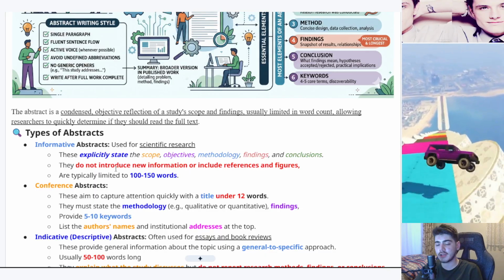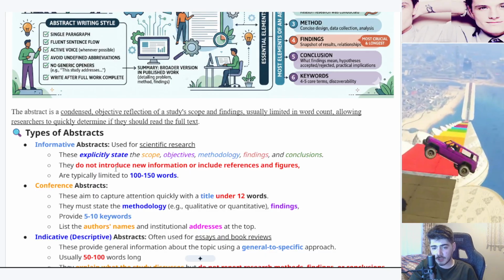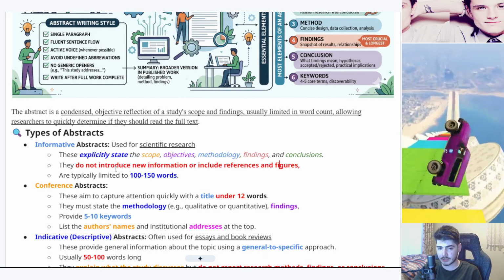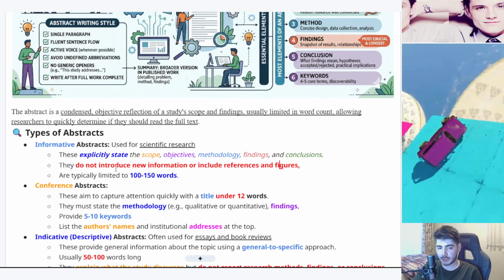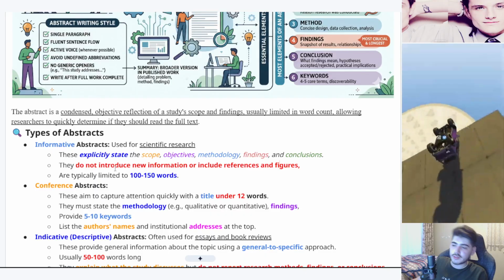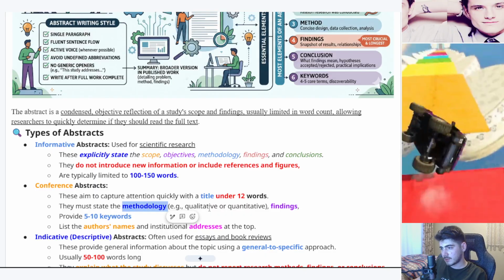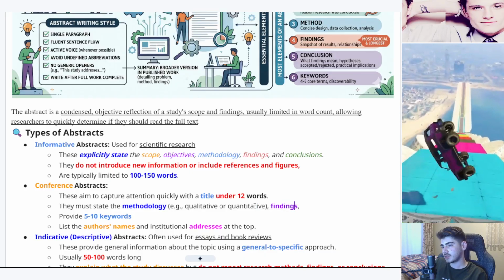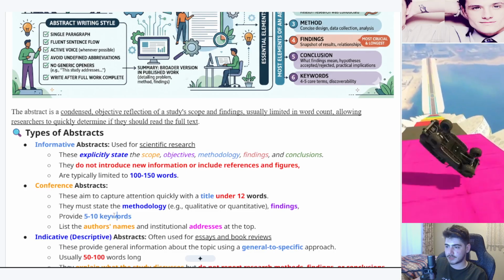Think of it like this. If something is convenient for the conference people, then they are more likely to actually evaluate your work. It must state the methodology, like qualitative or quantitative, your findings, and provide 5 to 10 keywords.